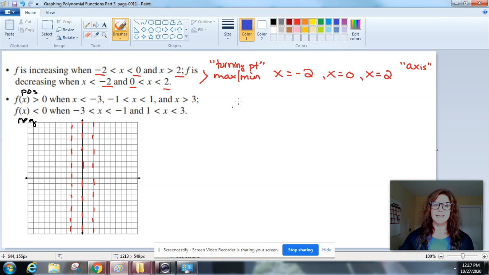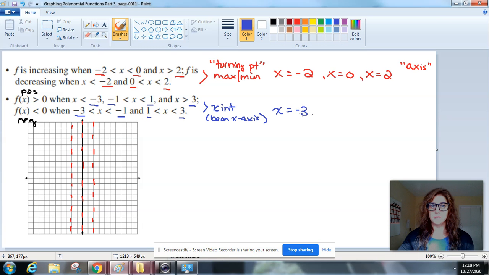Now our positive and negative, that gives us your x-intercepts. It means it's going to be on the x-axis. That's what it means to be an x-intercept. So again, I look back at what's given. I see the numbers -3, -1, +1, +3, and then they just repeat down there.